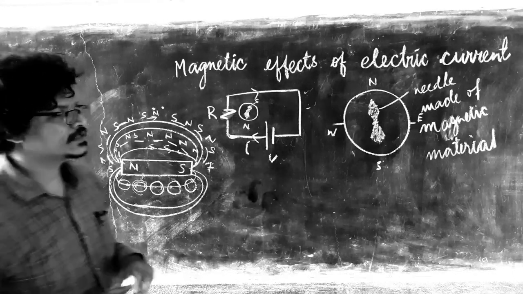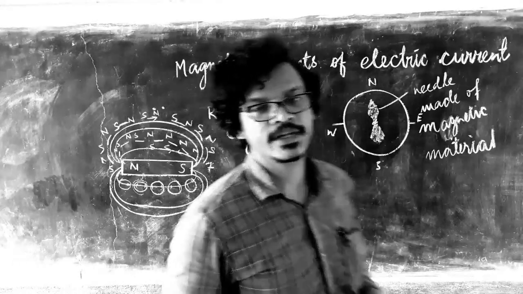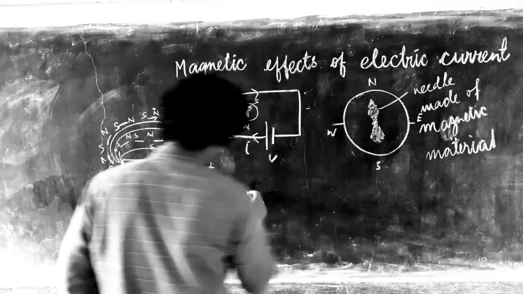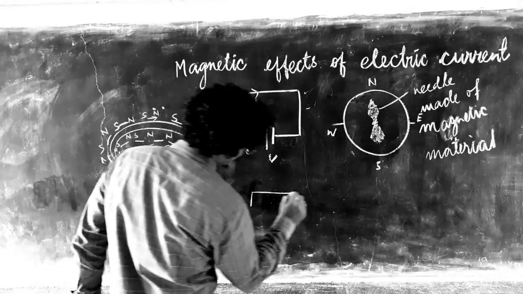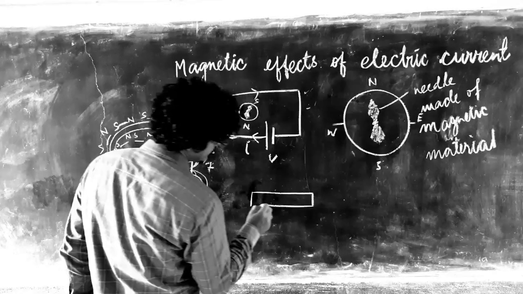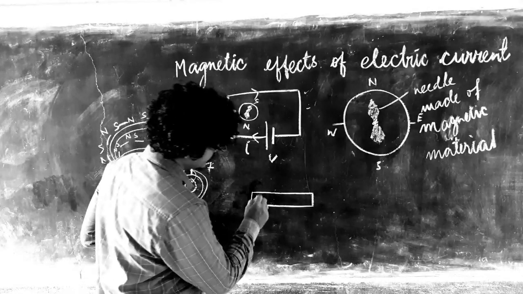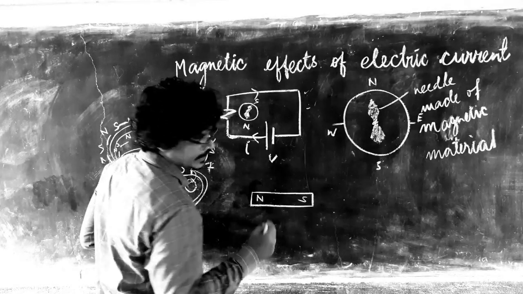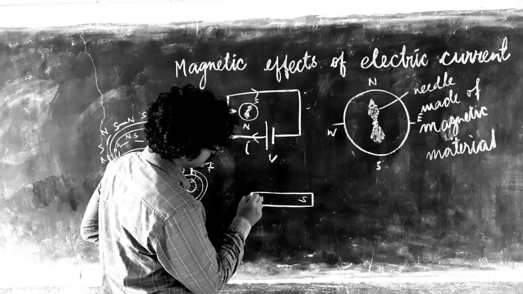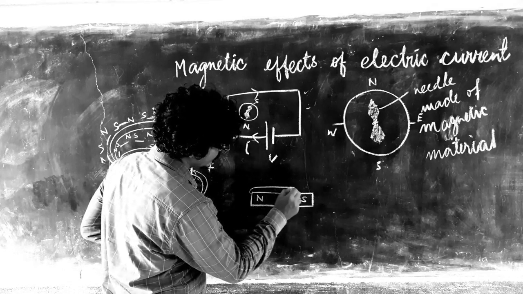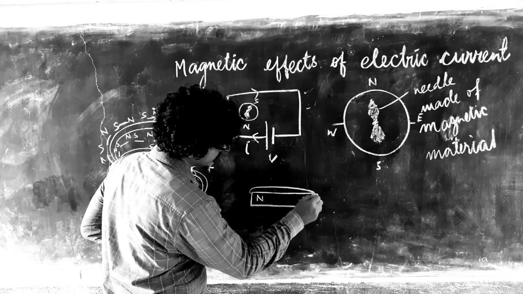So what does this experiment or activity conclude? It concludes that around the magnetic bar there is a magnetic field, and the direction of the magnetic field is from north pole to south pole, something like this.